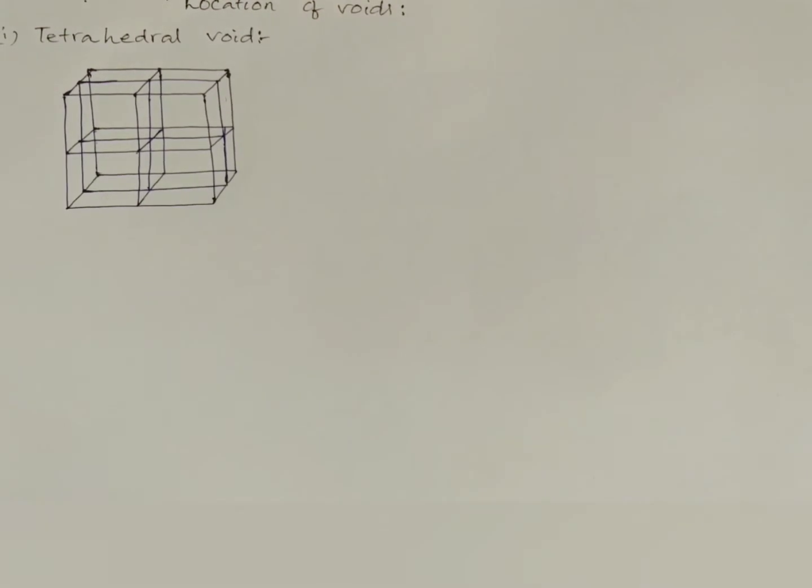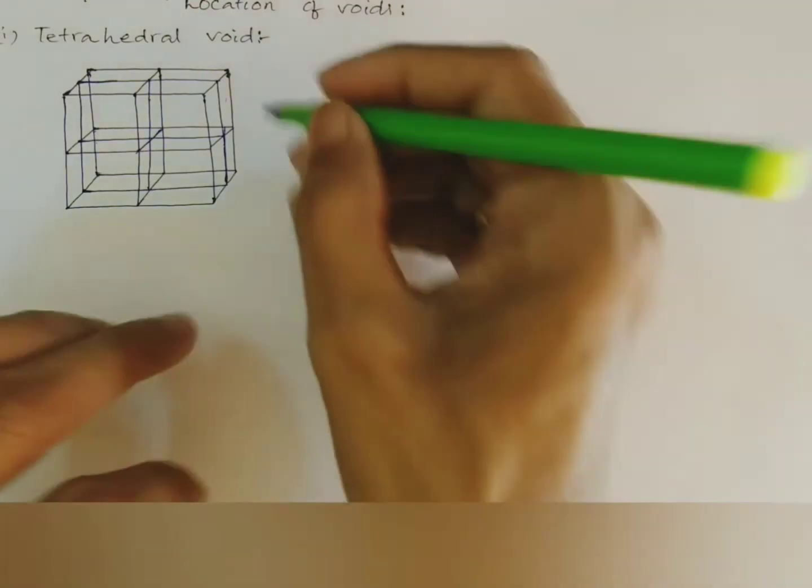Location of voids. Here we'll see the location of tetrahedral voids and octahedral voids. Let's begin with the location of tetrahedral voids. Let us consider a face-centered cubic unit cell. This is a face-centered cubic unit cell in which 8 corners and 6 faces are occupied.